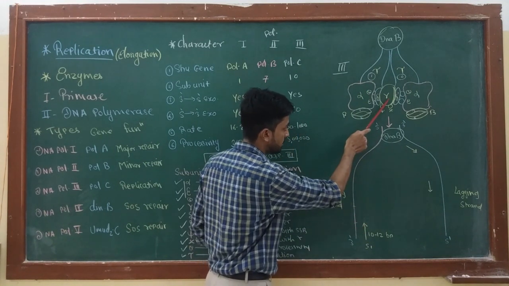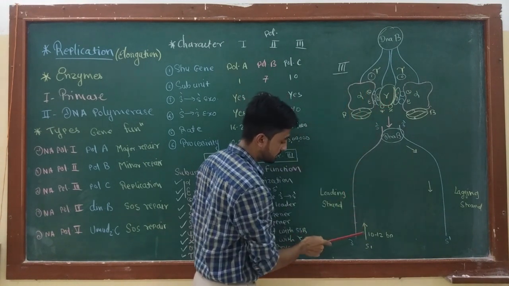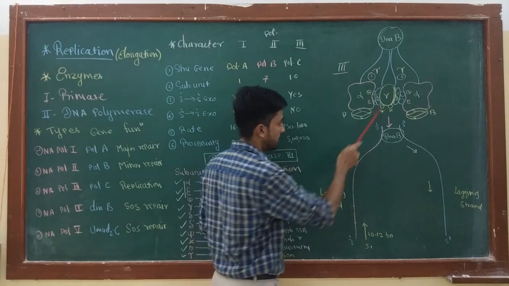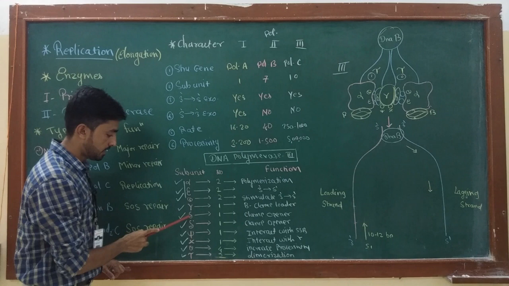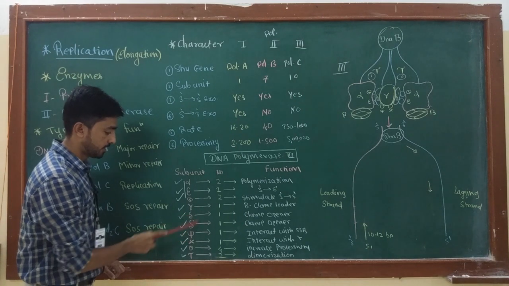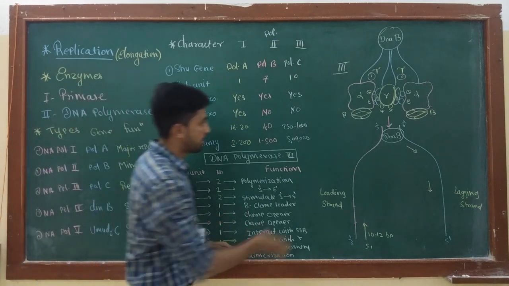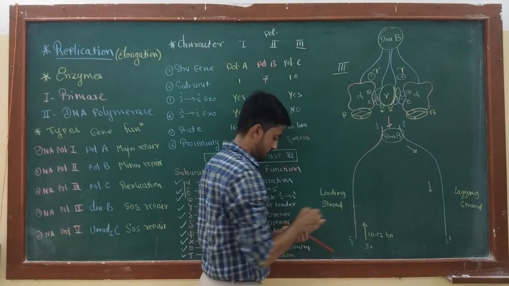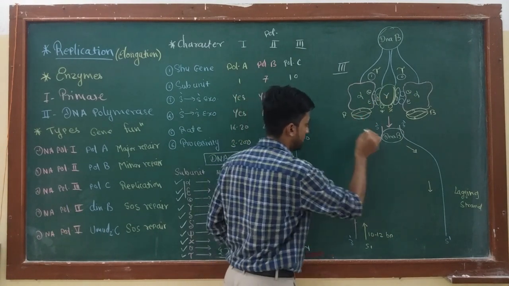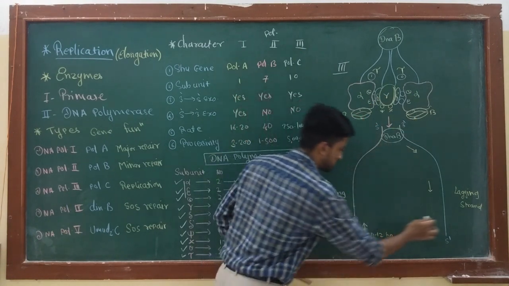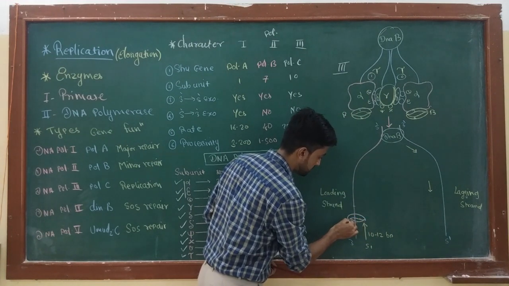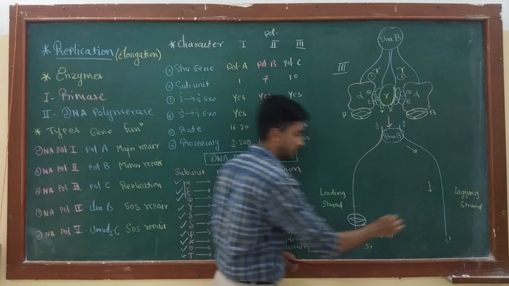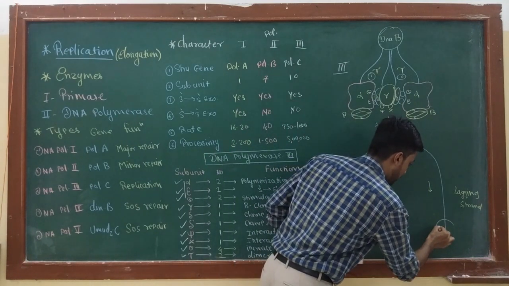That means the gamma subunit of the enzyme recognizes the primer position, and then the gamma complex, mainly gamma, delta, delta prime, epsilon and psi, which is called the gamma complex, loads the beta clamp on both the strands. So this is the first beta clamp and this is the second beta clamp on the leading strand. The same thing happens on the lagging strand.